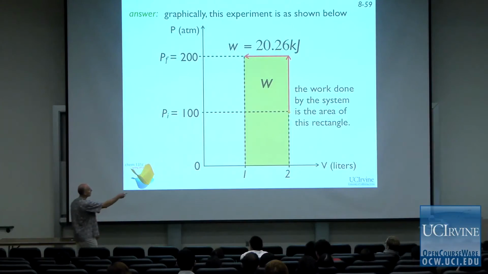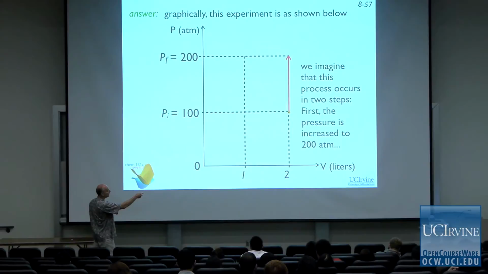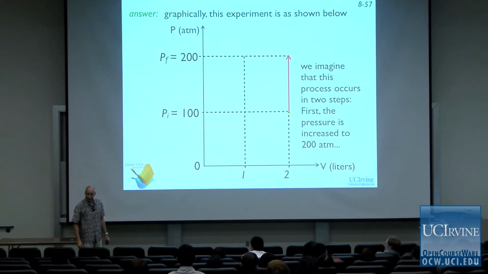No matter where we start, in the first step of our imaginary process we're going to increase the pressure to the external pressure that we're acting against, and then we're going to compress. It doesn't matter if you start here, here, here, here, or anywhere in between. That's odd.